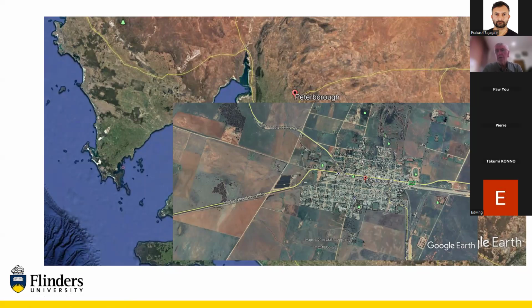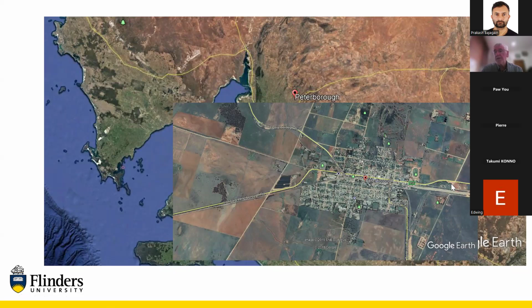And this abattoir uses Aboriginal members of the community to muster these camels to get them together and put them on trucks, and they bring them down to the abattoir where they're slaughtered and butchered, and the meat is exported into the Middle East.